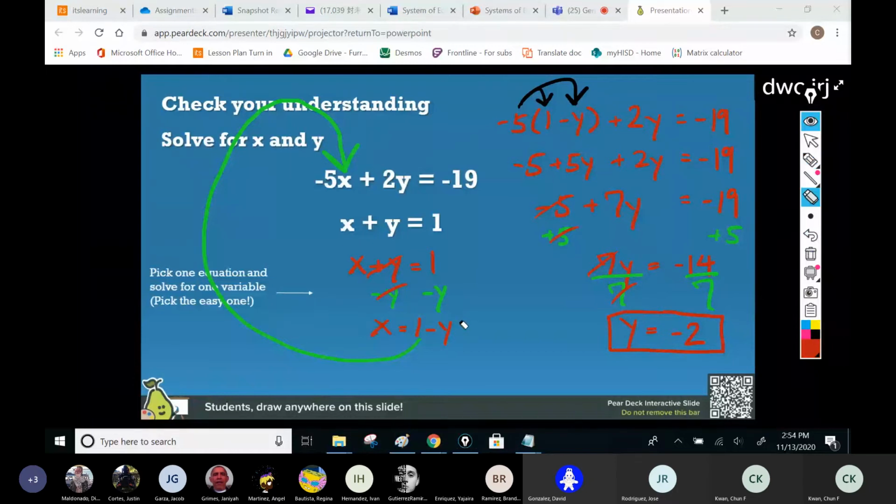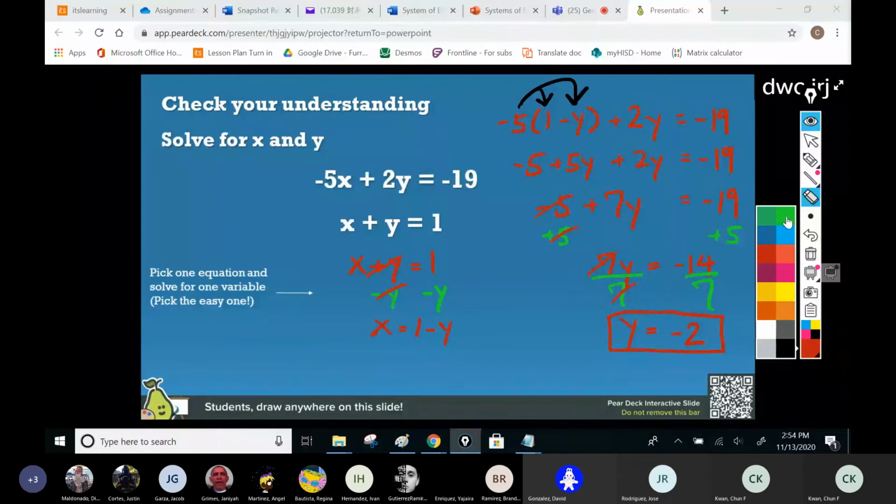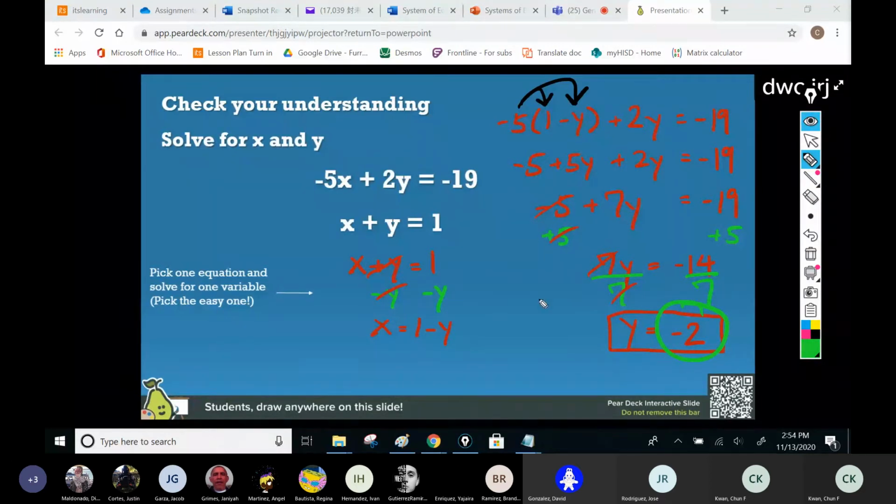All right, that's one of your answers. Now let's find the other one. A lot of you guys just kind of stop right here, but you're not done, all right? You need to figure out the other answer. So I'm going to plug this into either equation. Doesn't matter which one, but I would highly recommend you pick the easy one, all right? So that means I'm going to get x plus negative 2 equals to 1.